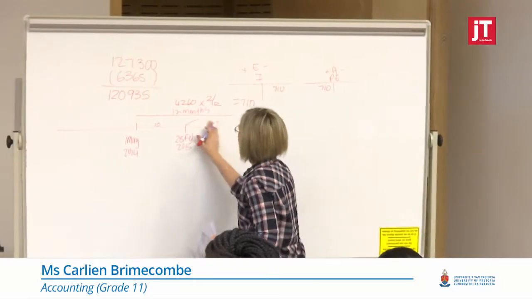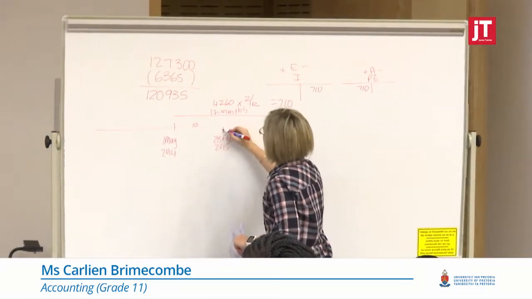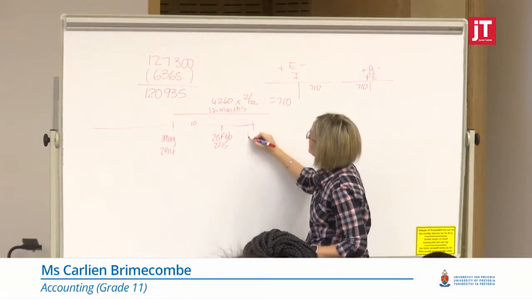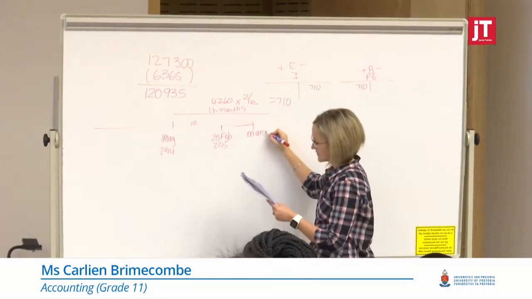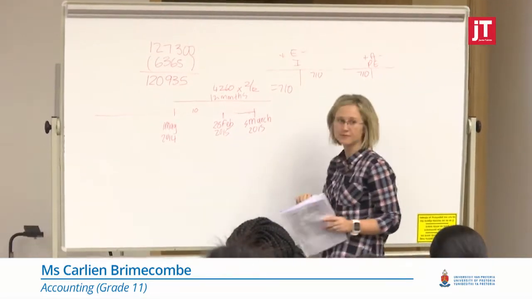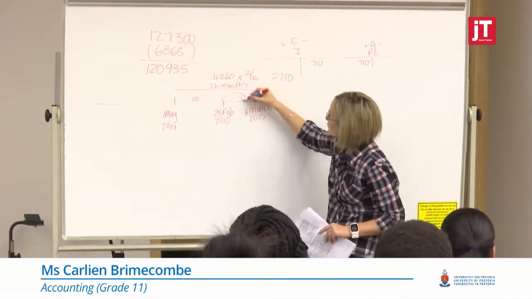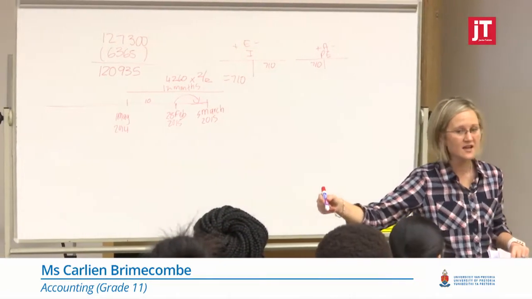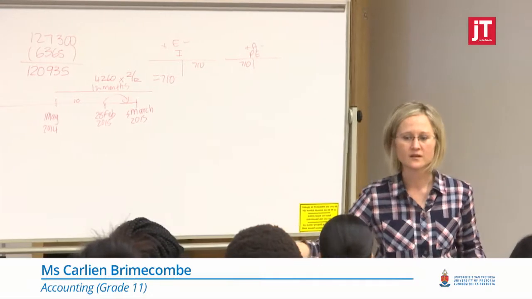So again, if I look at my accounting period, it ends 28 February 2015. This was only settled in March on the 5th, 2015. Again, that falls outside of our accounting period. So if it falls outside, what do we need to do? You take it out.